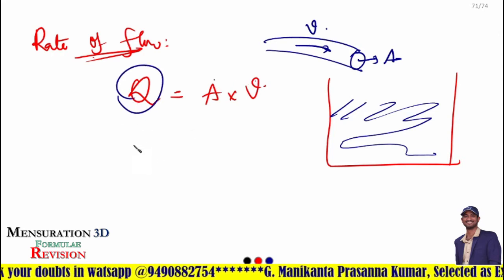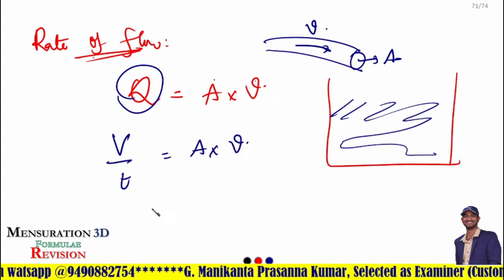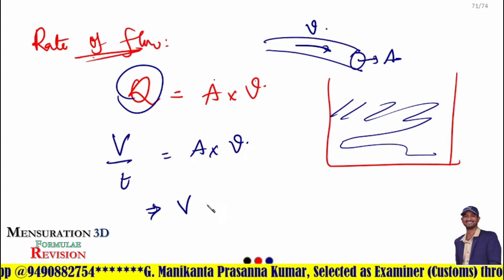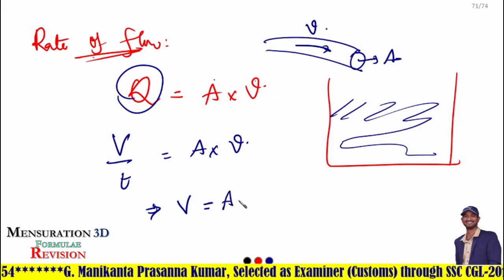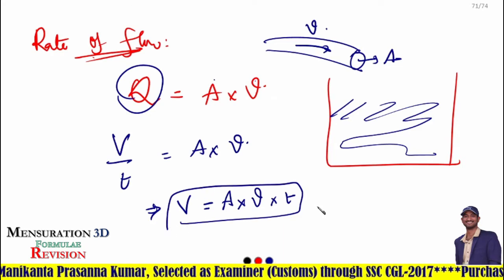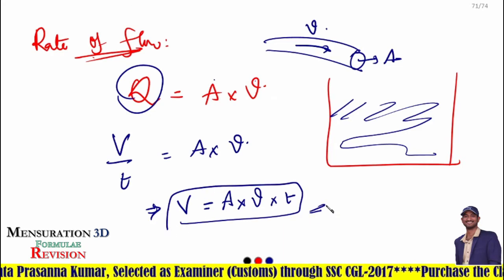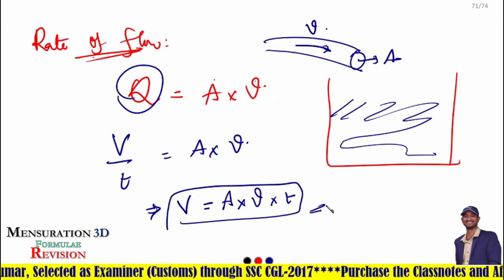Rate of flow Q means volume by time is equal to A into V. That's why finally the volume of the water flowing through this pipe is equal to area of cross section into velocity into time. This is a very, very important formula for your exam. It is about rate of flow.